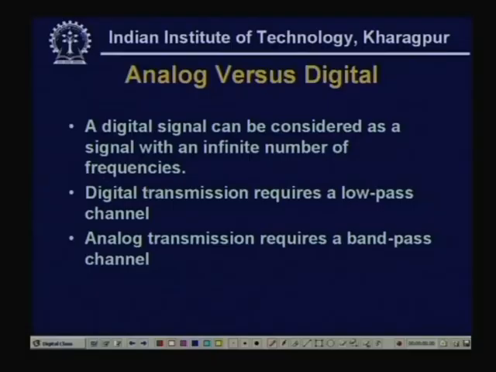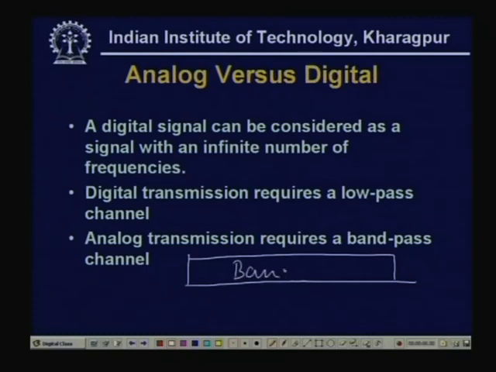For example, a digital signal can have a spectrum like this. That means this is the bandwidth. This is for digital, 0 to very large frequency.